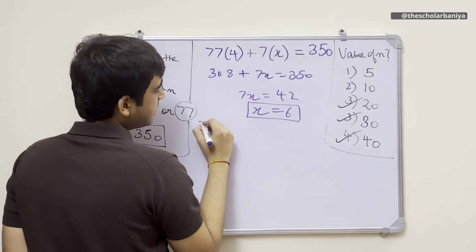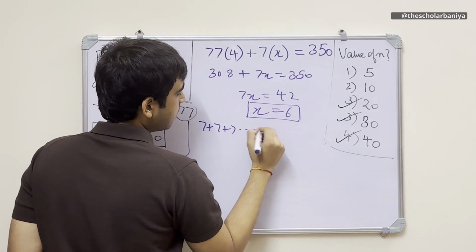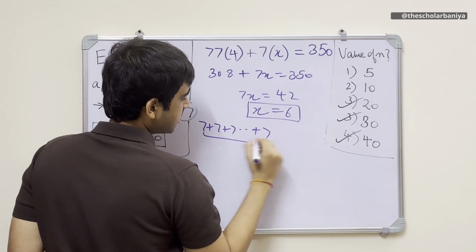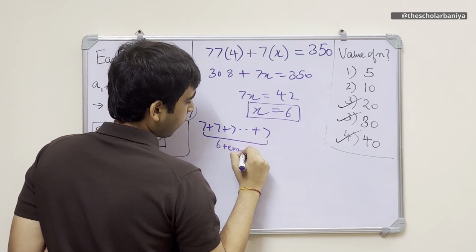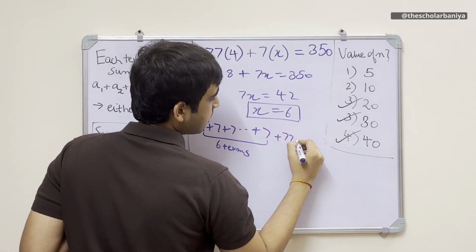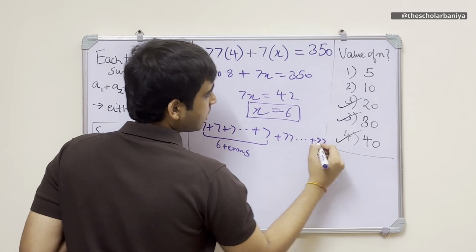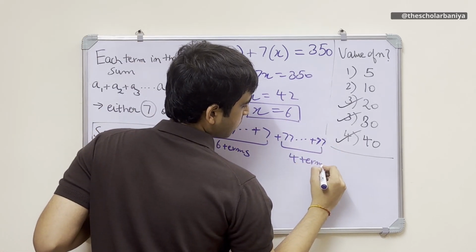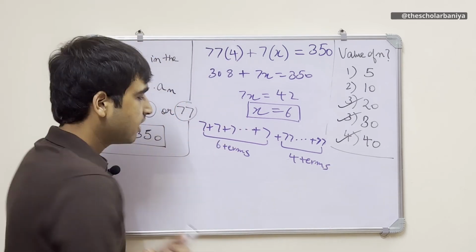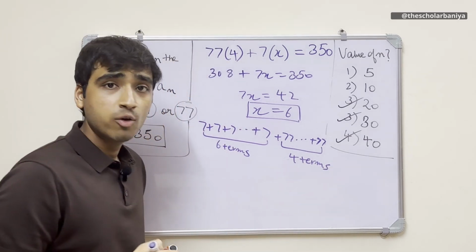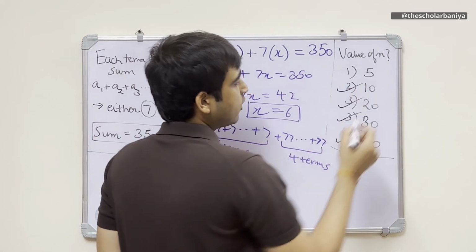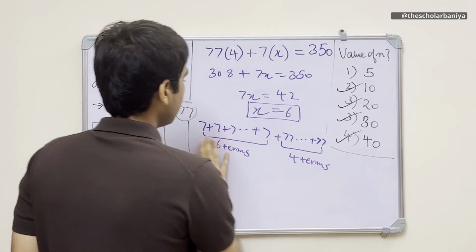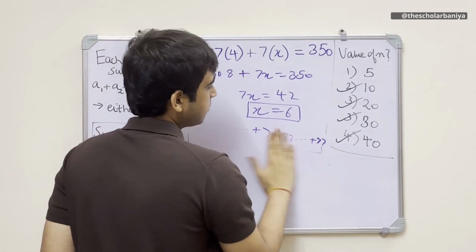So that means 7 plus 7 plus 7 plus 7, 6 terms, plus 77 plus 77 plus 77 plus 77, which are 4 terms. So 6 plus 4, a total of 10 terms. So even 10 is the right option. I hope this should be clear.